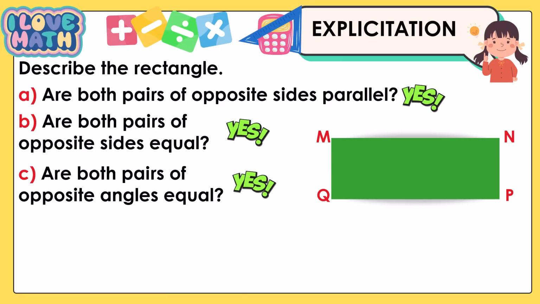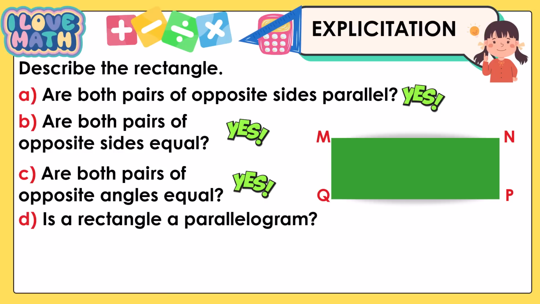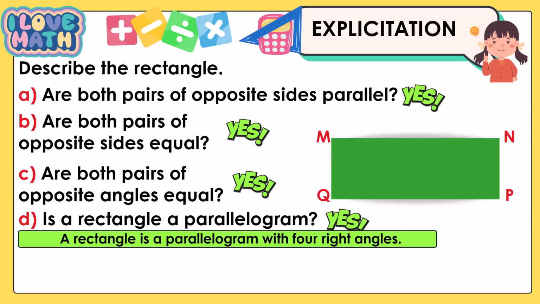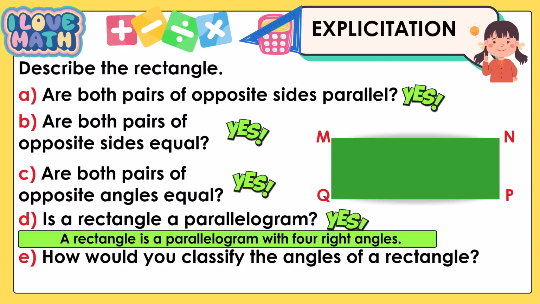The answer is yes. D. Is a rectangle a parallelogram? The answer is yes. A rectangle is a parallelogram with 4 right angles. E. How would you classify the angles of a rectangle? The answer, right angle.